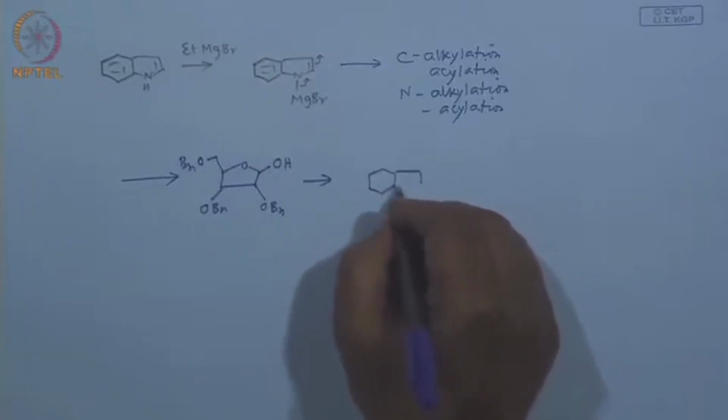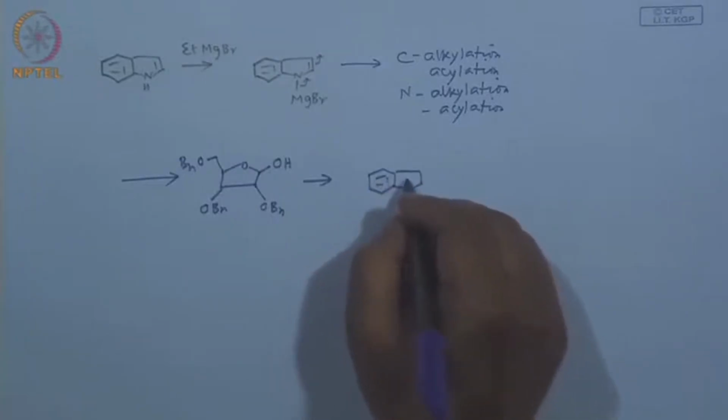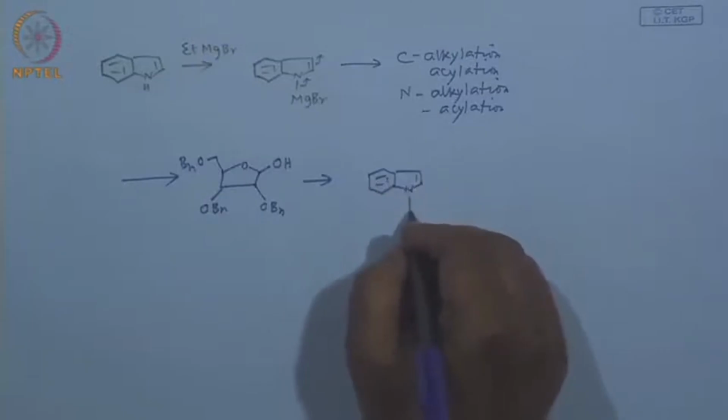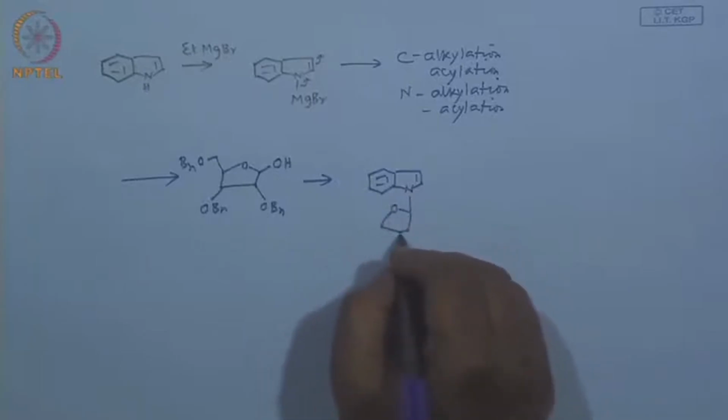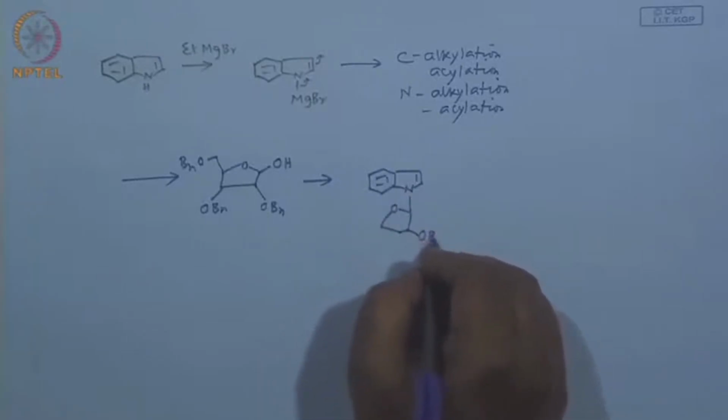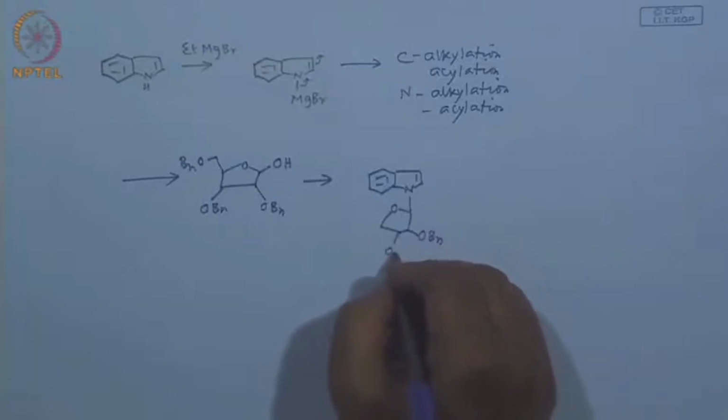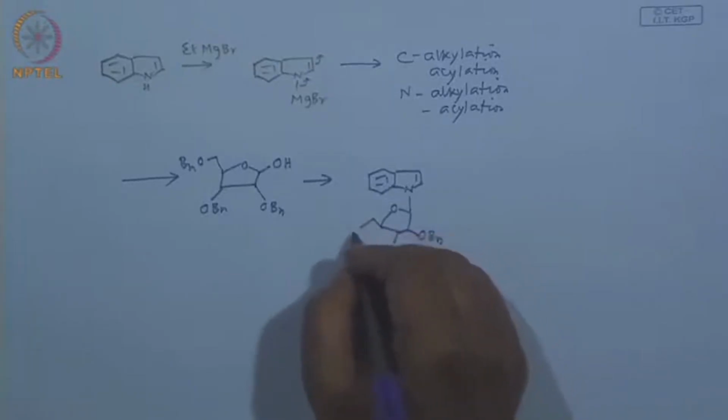One of them is the N alkylated product, a ribose compound with benzyl and CH2 benzyl.